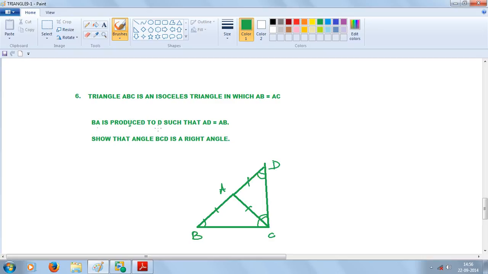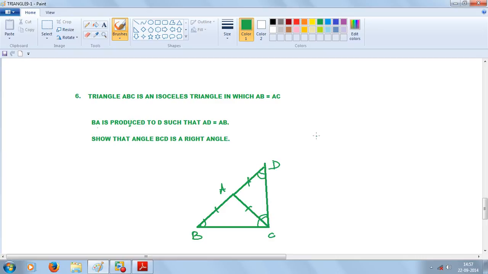BA is produced to D such that AD is equal to AB. So these three are equal. Show that angle BCD is a right angle. How will we prove it?